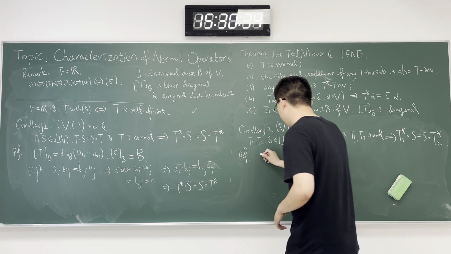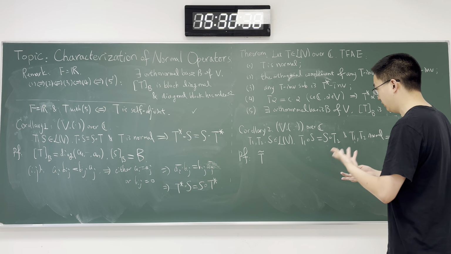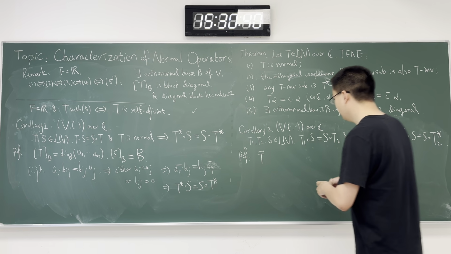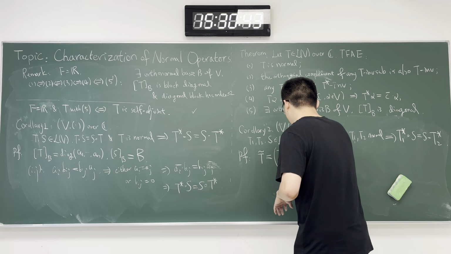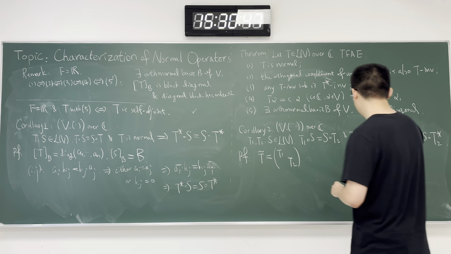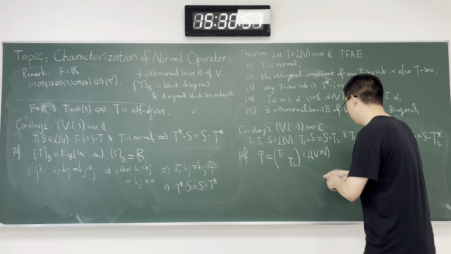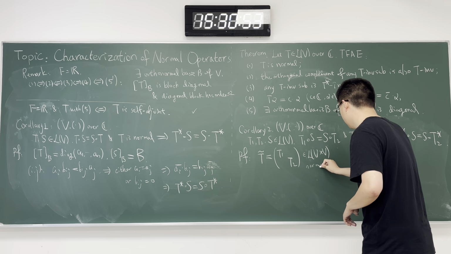We consider a linear operator on the product space by increasing the dimension, putting T1 and T2 on the diagonal. This is a normal matrix on the product space, still normal.